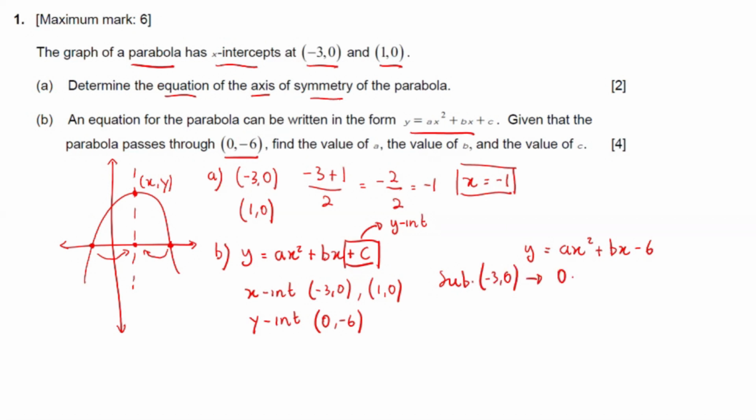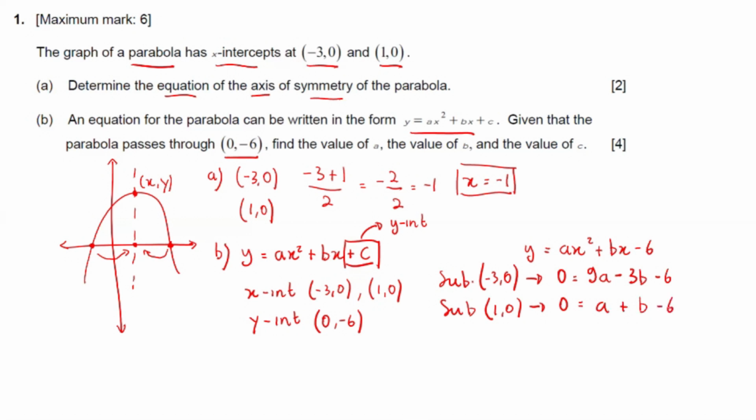So 0 equals 9a minus 3b minus 6. This is what we will have first. And then we can also substitute (1, 0) right here, meaning y equals 0, same thing, and x equals 1, so it's just going to be a plus b minus 6.